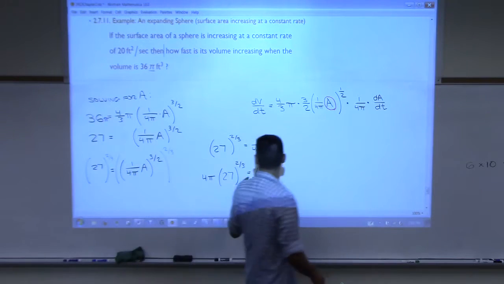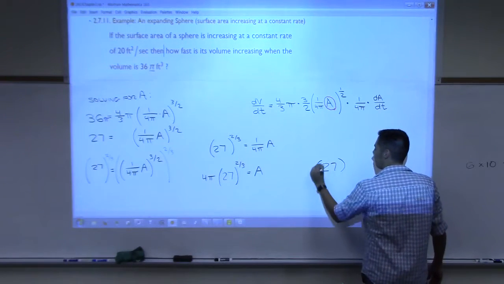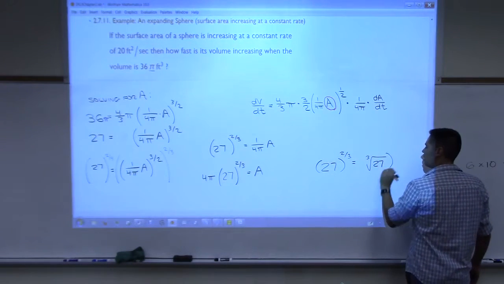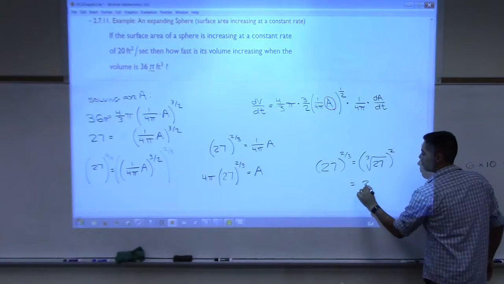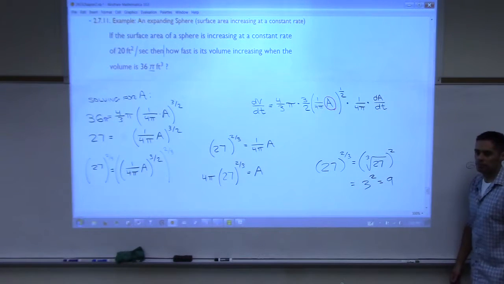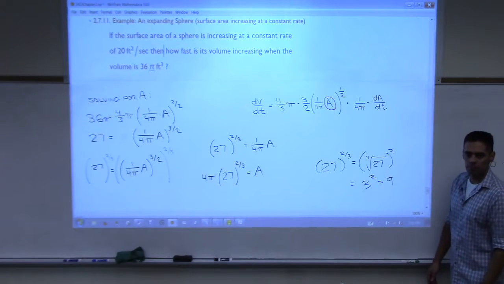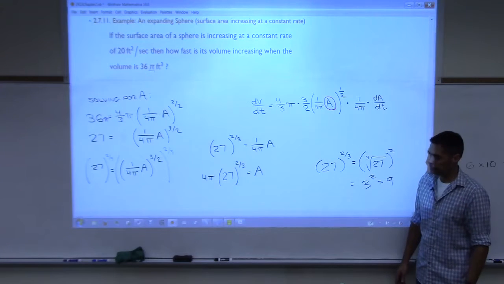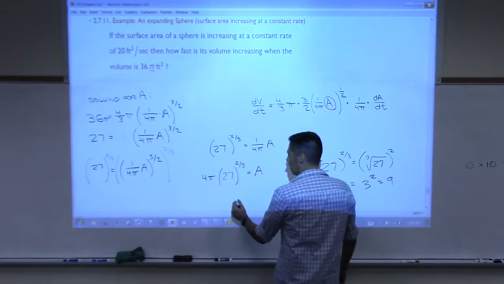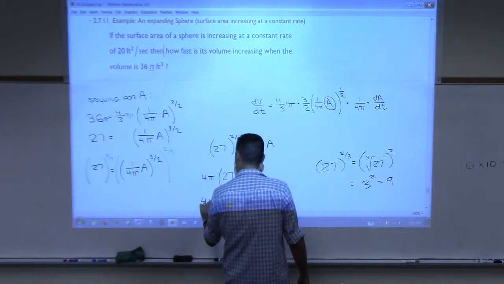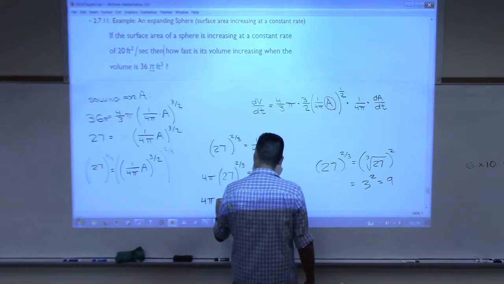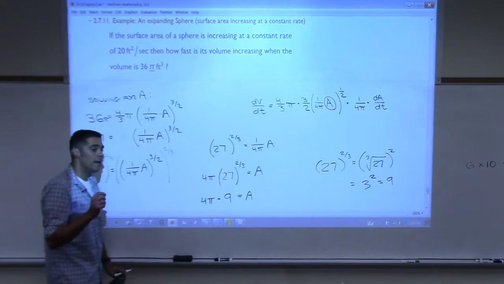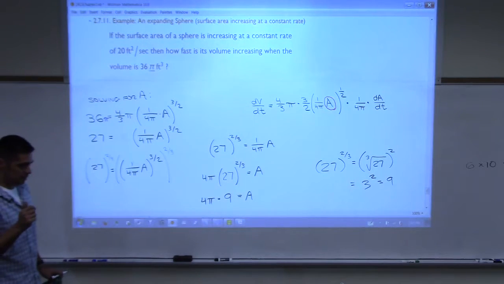So just make sure you understand that 27 to the 2/3 is the same as the cube root of 27 squared, which is 3 squared, which is 9. So wait, area is 36 pi. 4 pi times 9 equals A. So the area is 36 pi, but the units are different.